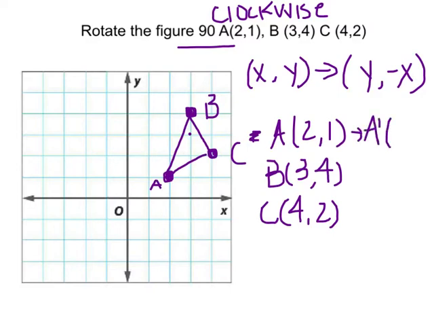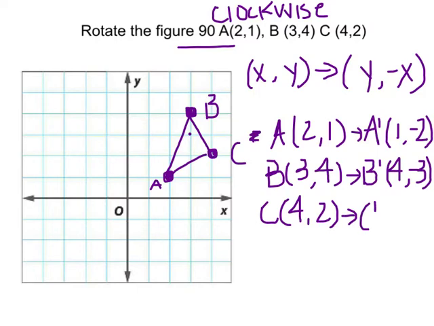A prime, the 1 is going to go first. We're going to switch 1 and 2, and the 2 we're going to multiply by -1. B, we're going to switch the 4 and the 3, and the 3 multiplies by -1. And C, switch the 2 and the 4, and the 4 is multiplied by -1.